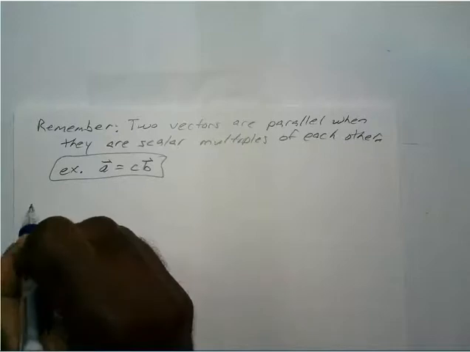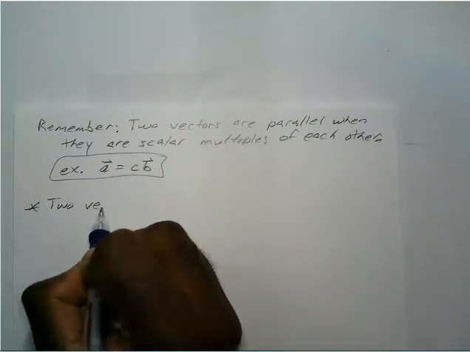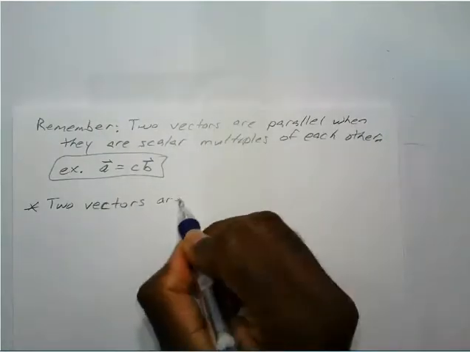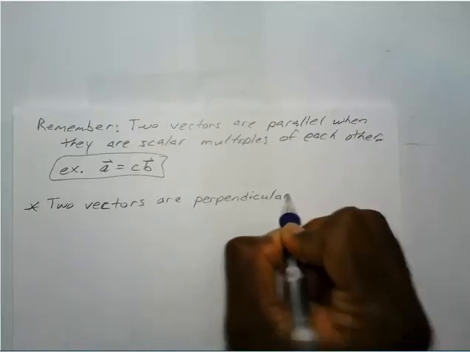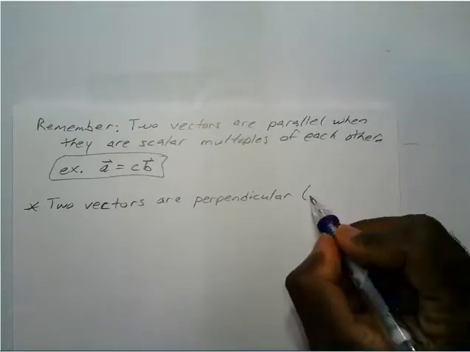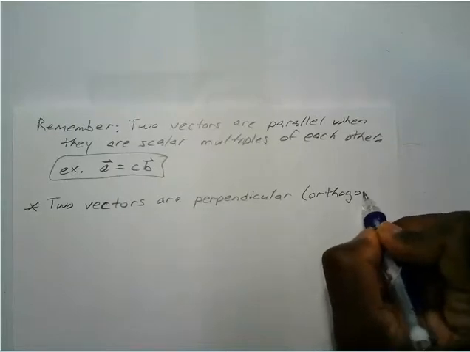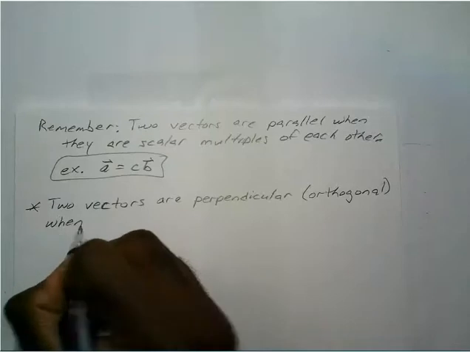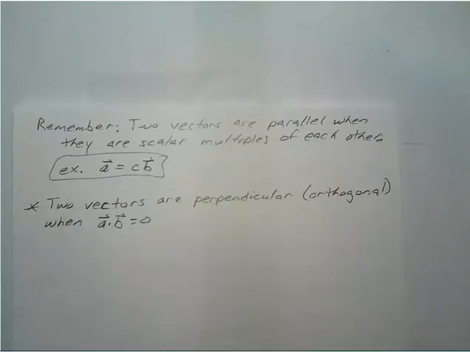Okay, now two vectors are perpendicular, which you may see in the book referred to as being orthogonal, when the dot product of the vectors equals 0.